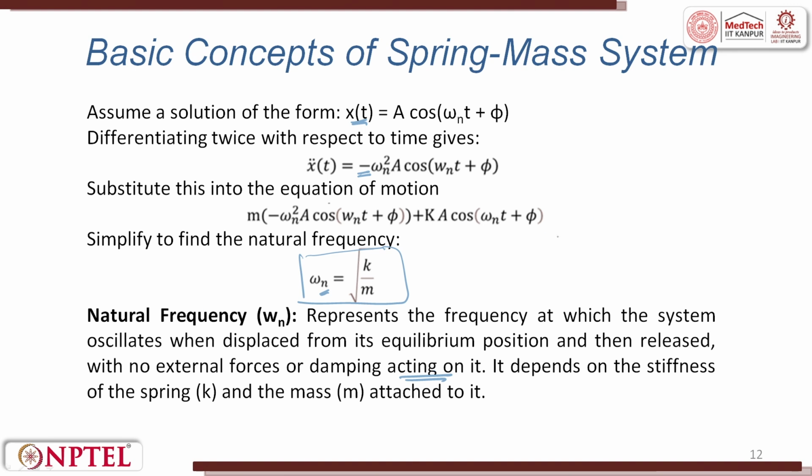So, if we want to play with the natural frequency, you have to play with the mass and spring stiffness, m and k. You can add mass, omega will change. You can add stiffness, omega will change.